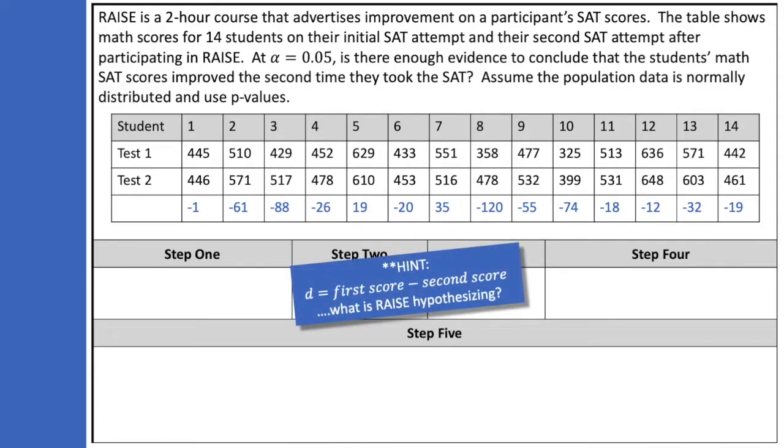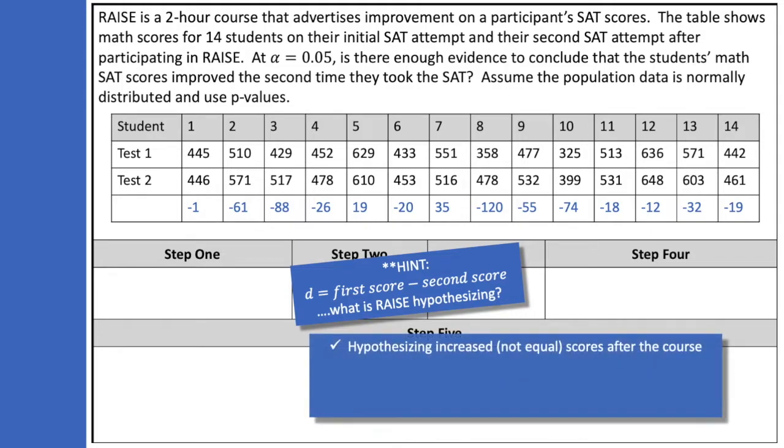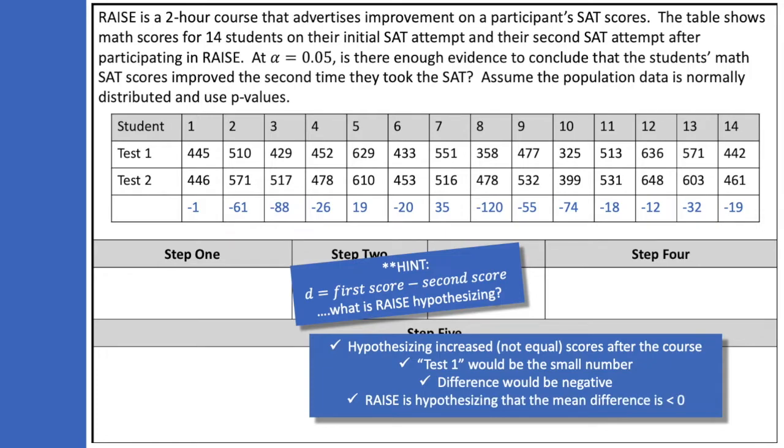Our hint, first score minus second score. What is RAISE hypothesizing? RAISE is hypothesizing increased scores after the course, which means that test 1 would be the smaller number. So the differences would be negative. RAISE is hypothesizing that the mean difference is less than 0, and that becomes our alternate hypothesis.